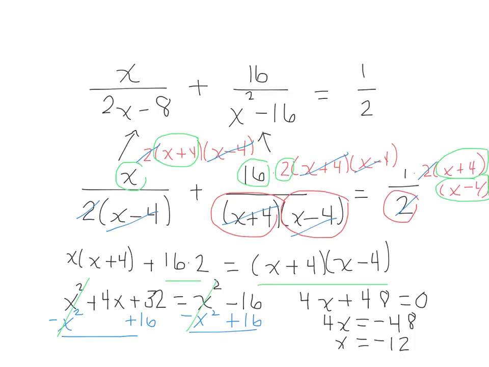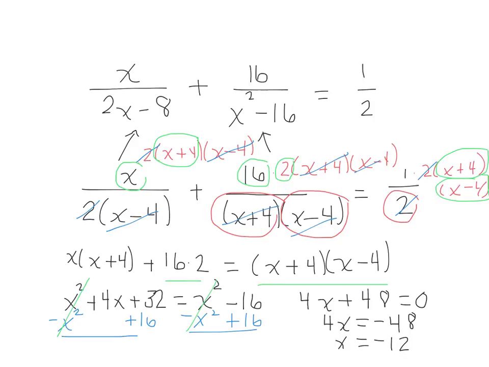Now just a note, based upon the factored form of our denominators, we want to remember that we cannot divide by 0, and if x were equal to 4, one or some of these fractions would result in us dividing by 0.